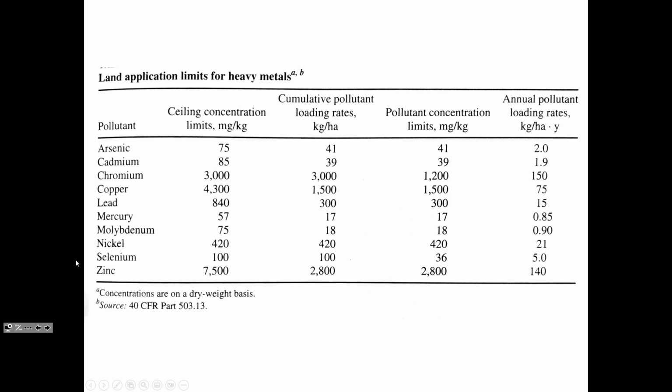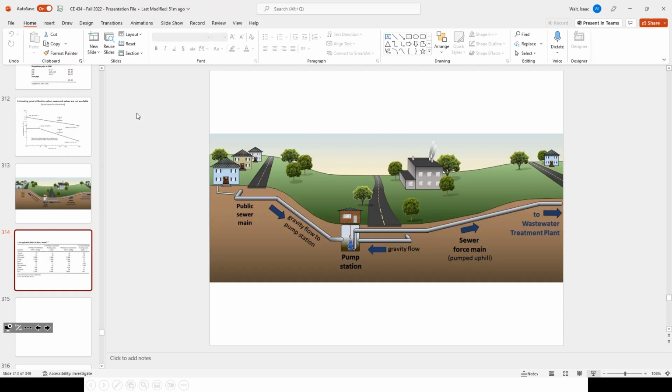Similarly, there are regulations that are meant to address how much bacteria can be in sludge before it's land applied. Some towns really put a lot of effort into trying to use their wastewater solids as a resource, mixing it with mulch and making it something that people could use in their gardens or to help grow their plants and so on, but keeping a close eye on the residual bacteria that are in that sludge as well as the metals is an important part of the solids management, which we'll get into later in the semester.